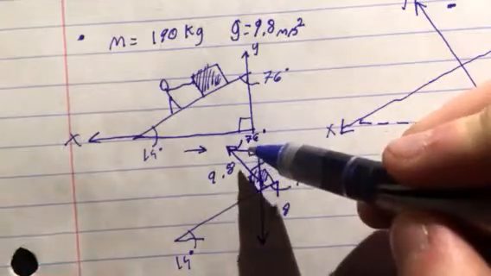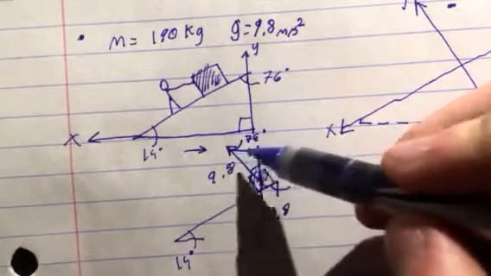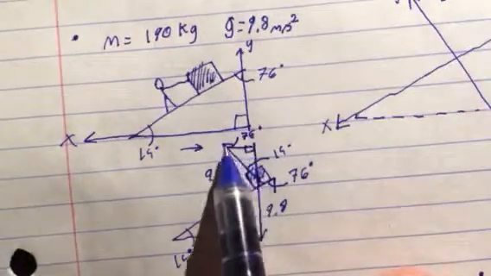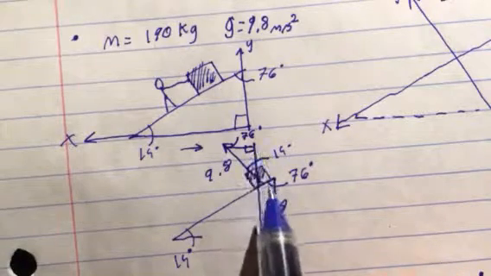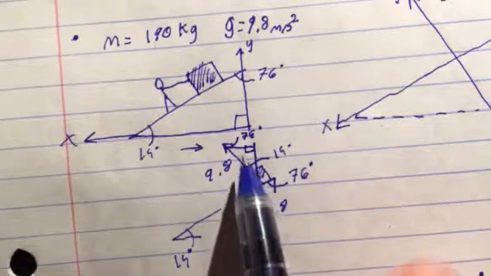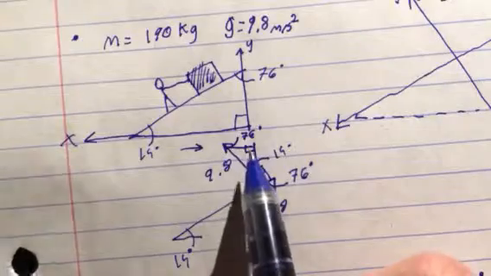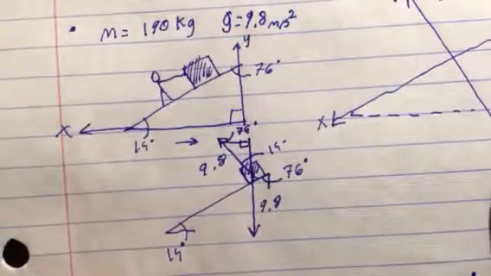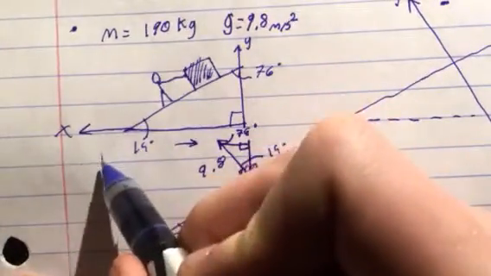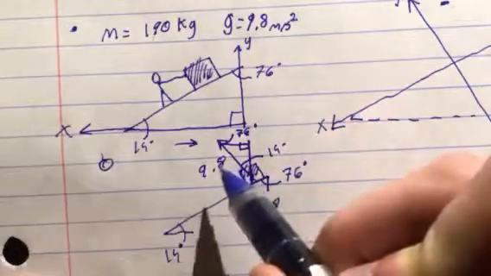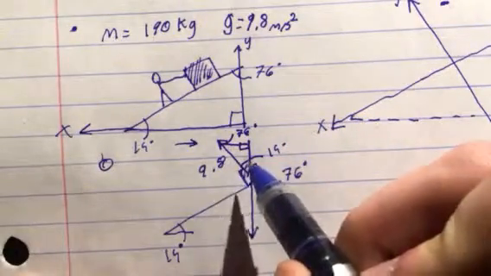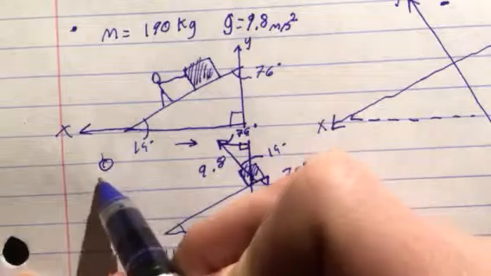We're trying to find the force coming from the x-axis, so we want to find this up here. Relative to the 14 degrees, we want to find the opposite. We look at what our knowns are: we have a 9.8 on the adjacent of the 14 degrees.